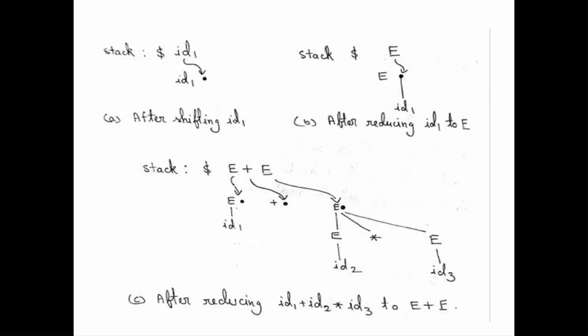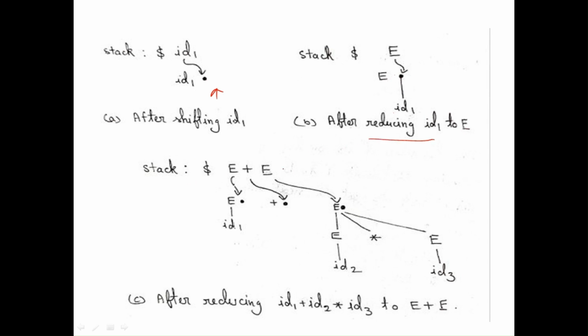Okay. Considering the previous example, just see, ID1 is shifted onto the stack. We have created a node. Next, reduction. E is rewritten as ID1. So E and ID1 after reducing ID1 to E. Okay.